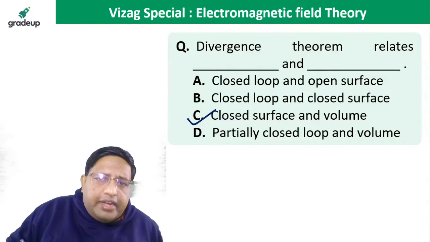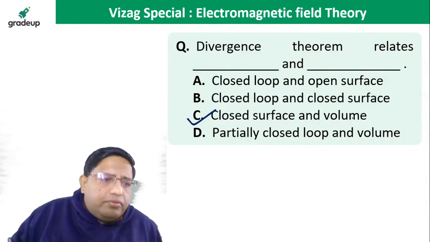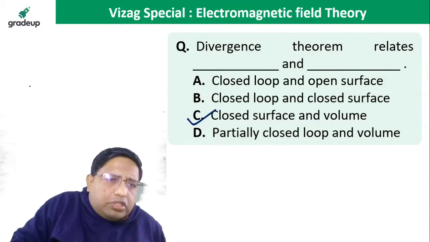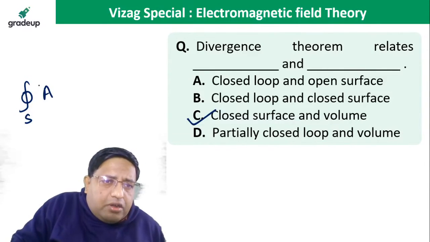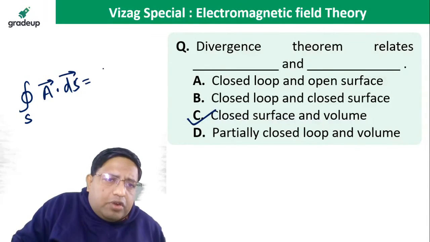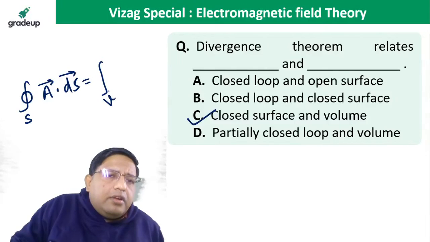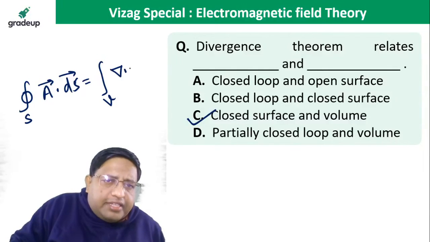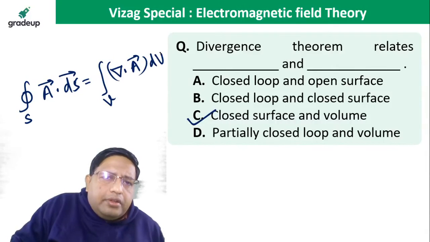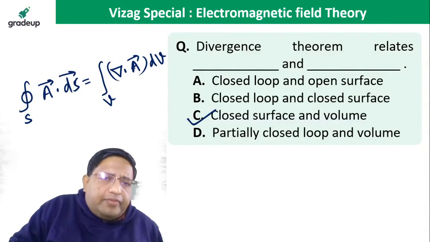Divergence theorem relates the closed surface with the volume. And you already know, the closed surface integral of any vector A dot ds is equal to the volume integral of the divergence of that vector field. That is the statement of the divergence theorem.